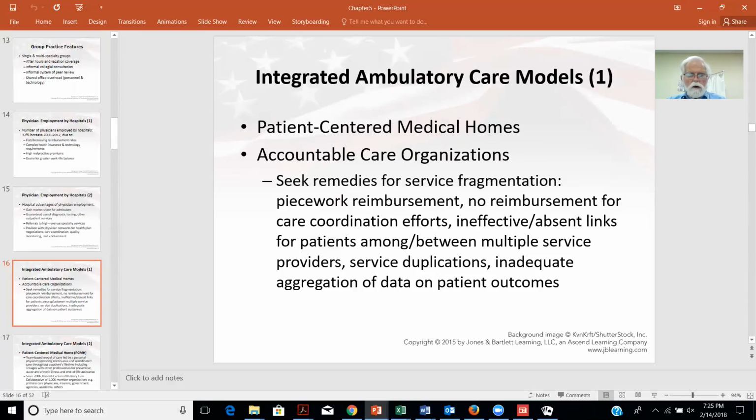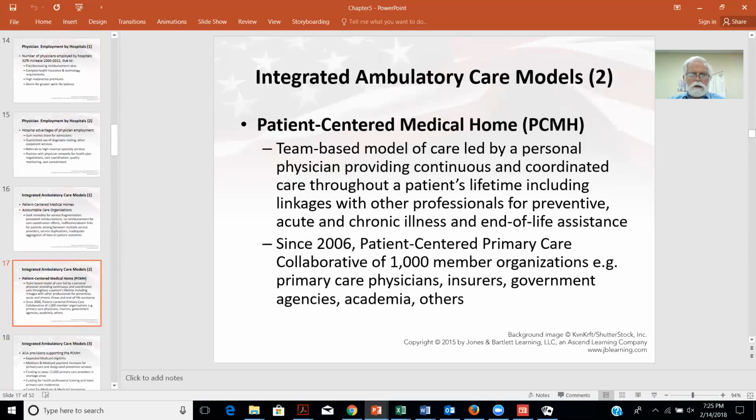We have all sorts of other types of organizations that are looking at ways to improve the problem with fragmentation of services.